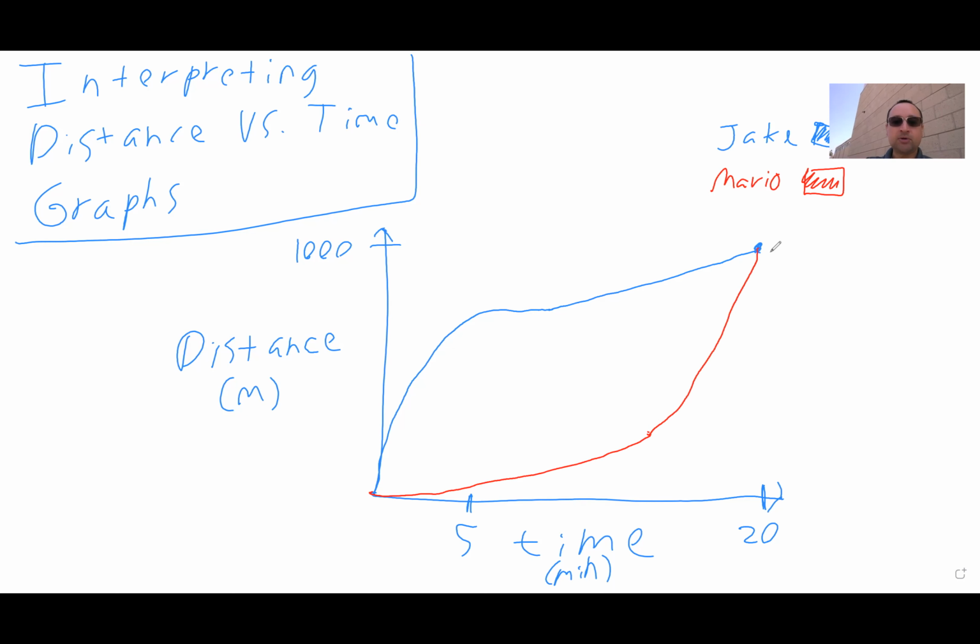Okay, so over here, what we have from Jake, in this area, this is deceleration. What we have from Mario in this area is acceleration. Deceleration. And then we have acceleration.